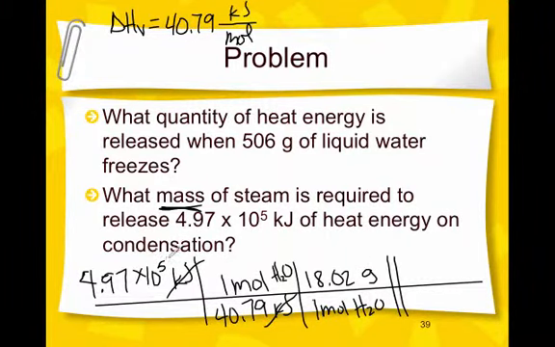You should get a large number, because this is 10 to the 5th. This number is very large. Or you have 2.196 times 10 to the 5th, if you wanted it in scientific notation.